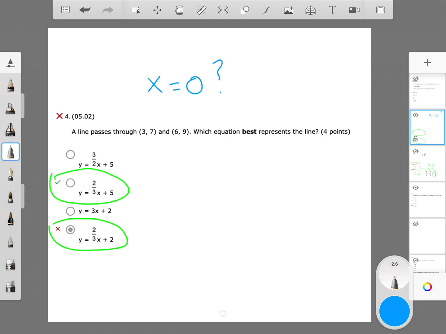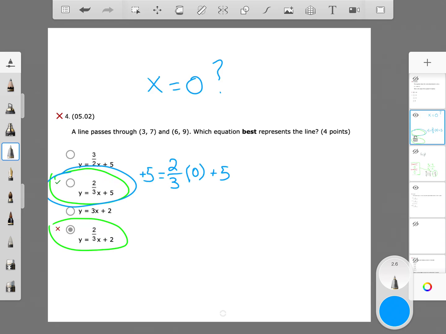So in the case of this first one, right here, 2/3 times 0 plus 5. When x is 0, y will be positive 5.